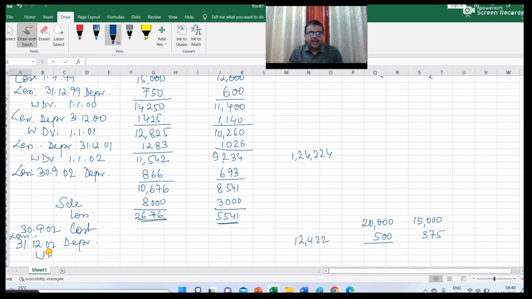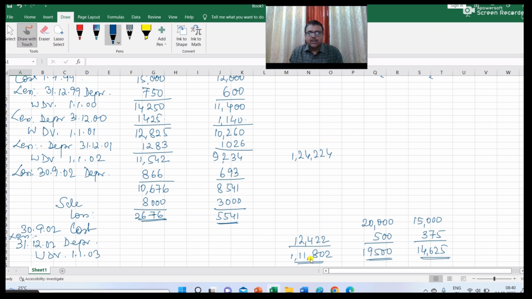So the written down value on 1st January 2003 will be 1,11,802 for M3, 19,500 the value of M4 and 14,625 is the value of M5.